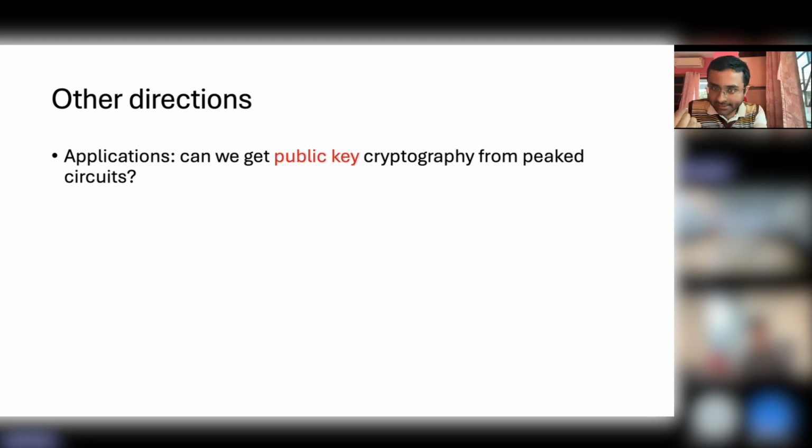The other part is public, the CZ code. So then can we get something like public key cryptography from this primitive or from these types of circuits? Because this is exactly the type of duality or asymmetry that can be leveraged to get public key cryptography.